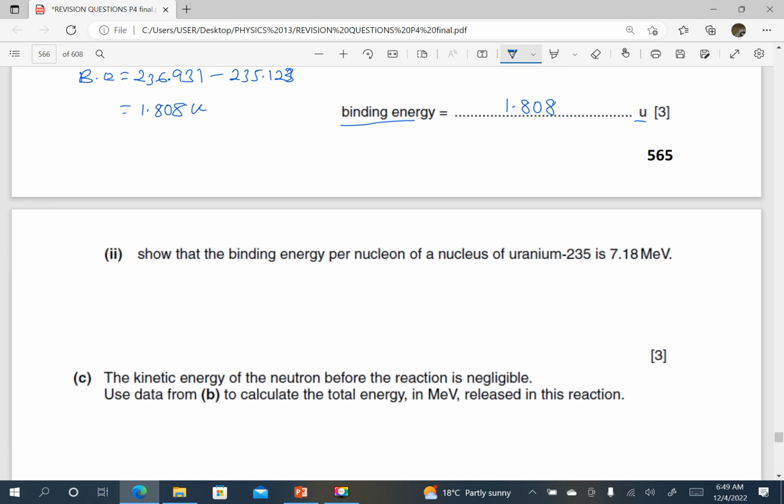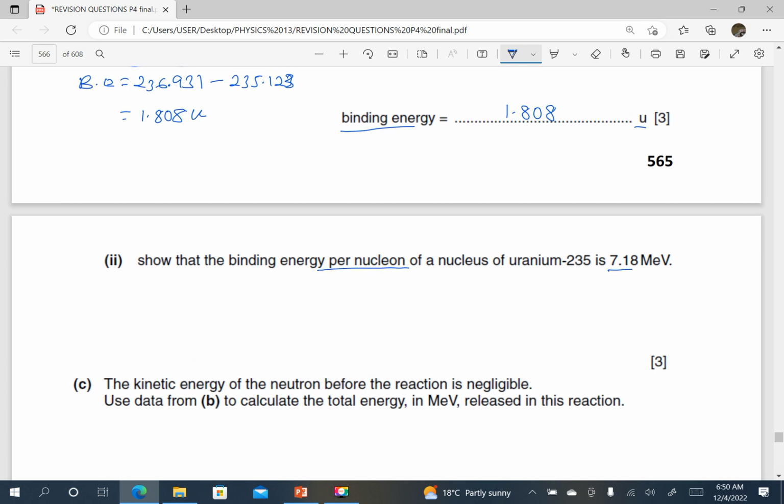Show that the binding energy per nucleon. Normally we forget the per nucleon part. Of a nucleus of uranium-235 is 7.18 mega electron volts. Okay, so first of all, we can find the energy in joules. Remember, energy according to Einstein's equation, the energy equivalent to the mass defect is mc squared.